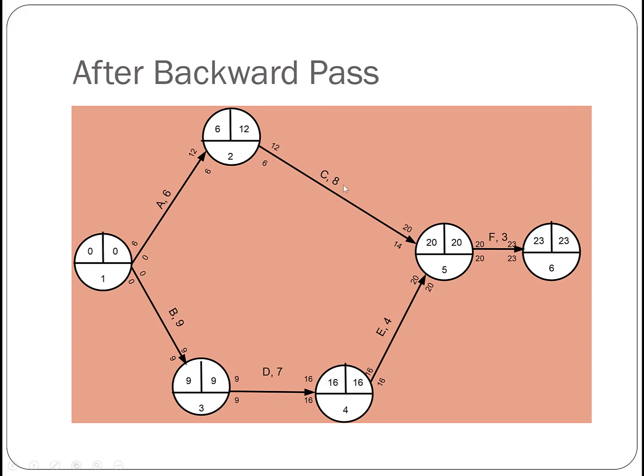And if we delay C for 6 days, then A will have a slack of 0 because that 6 days are used up here. Or we can delay A for 3 days, C for 3 days. As long as the entire slack is 6, then we are good.